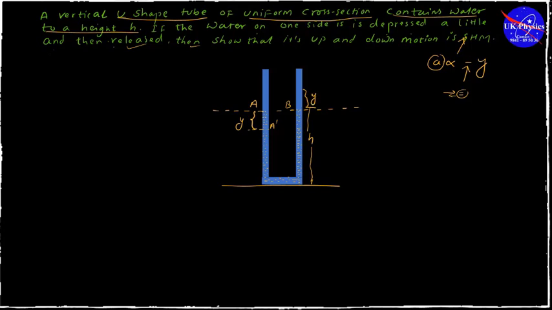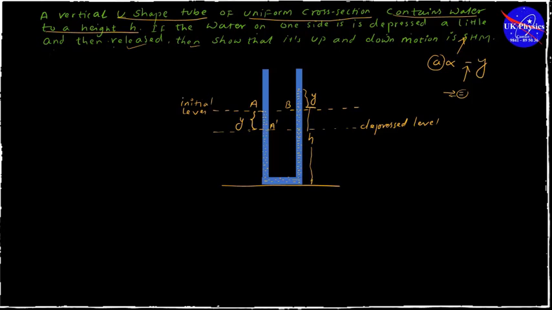So here we have two levels: this is the depressed level, and the initial level, and this is the liquid rise in the right column.